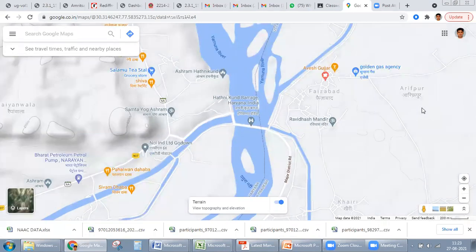I have opened it on my laptop only. So this is the Hathni Kund barrage, the same barrage which is feeding on this side Western Yamuna Canal, and on the right hand side it is Eastern Yamuna Canal, and this downstream side it is basically the Yamuna River. So Yamuna Nadi is written over here. And on this side, what you have seen is immediate diversion. Here we have provided the silt excluder somewhere.